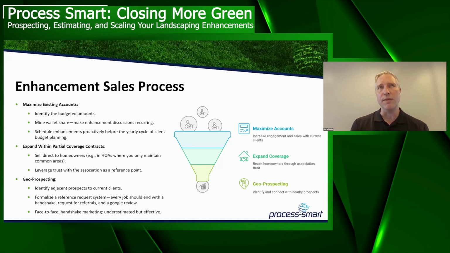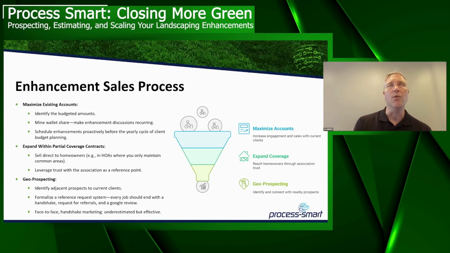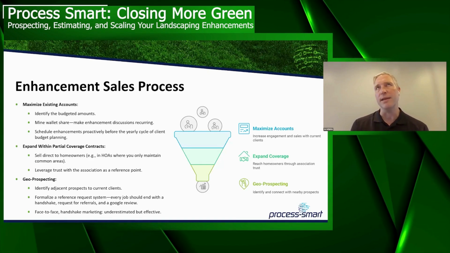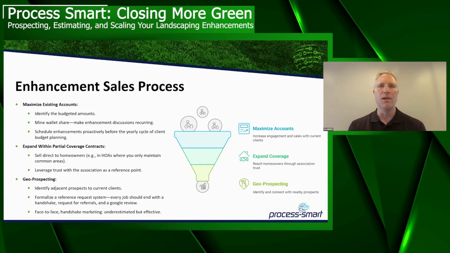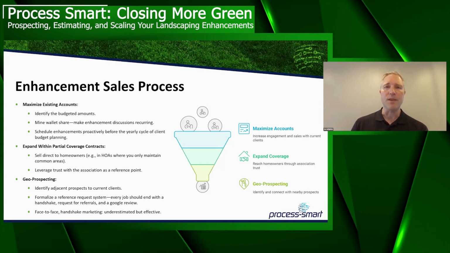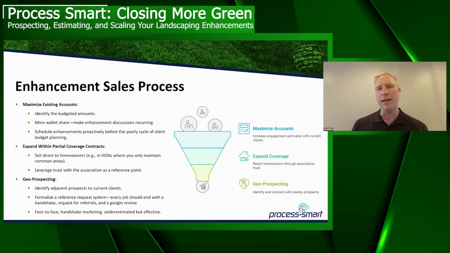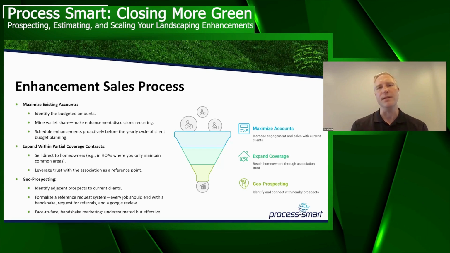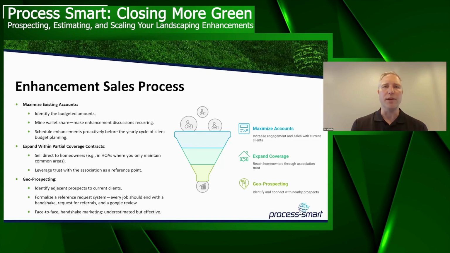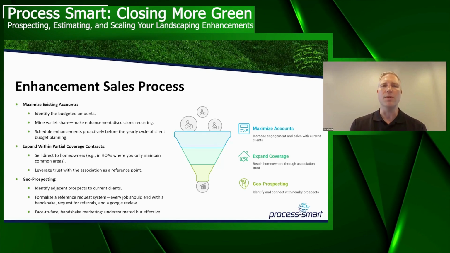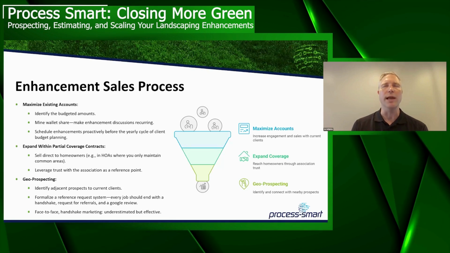And generally, when we've looked at this, if your win rate from an RFP or recurring maintenance standpoint is, and we see big ranges, 15 to 30%, we see win rates for enhancements within partial coverage contracts, meaning you already have familiarity with the company because they do your common areas, much closer to 40 or 50%, probably double what the win rate is if it was just a new client.